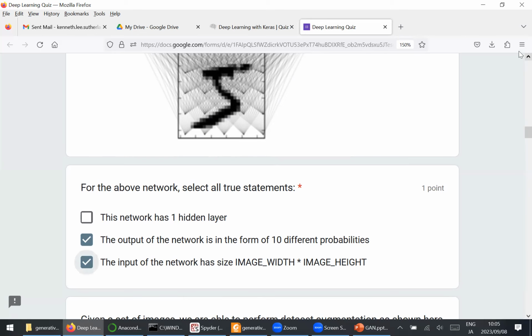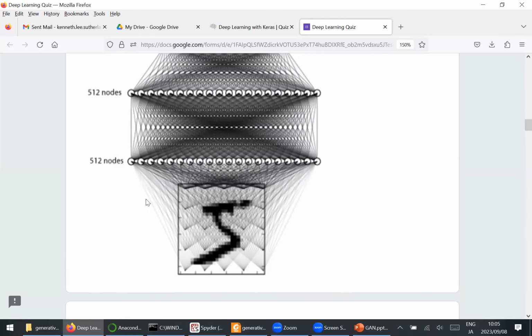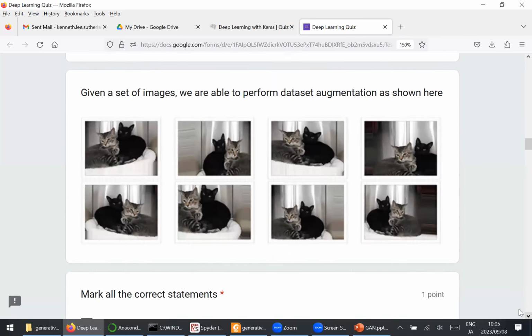Okay, so this is where they use a flatten layer to copy all the rows together and make one flat image.